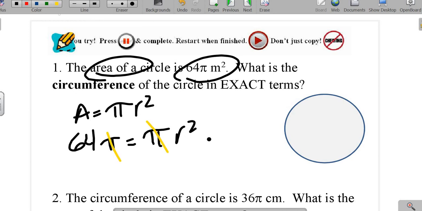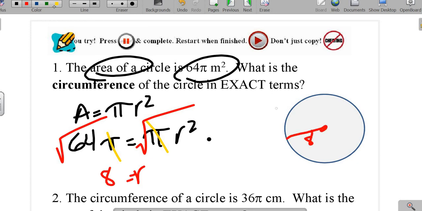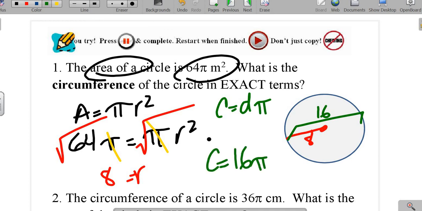Pi's cancel. Square root the r squared. Our radius is 8. If our radius is 8, our diameter is 16. So C equals d pi. Your circumference here should be 16 pi, check for units, meters. That would be your final answer because I want it in exact terms.